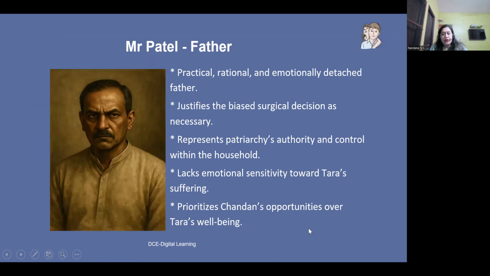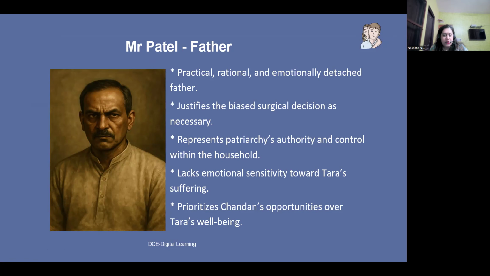Mr. Patel, the father or husband of Bharati, is a very practical, rational, and emotionally detached father. Though he is not directly involved in the decision of giving the healthy leg to Chandan, he doesn't oppose it. He, in fact, justifies the surgical decision as necessary. So, by being a silent accomplice, he represents patriarchy's authority and control within the household.